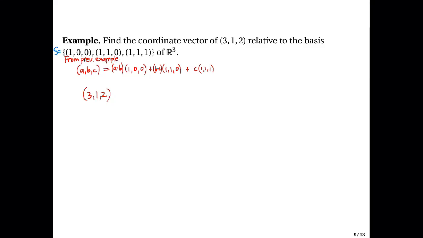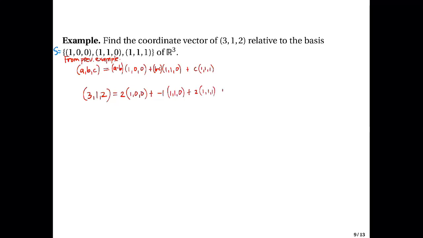So from the previous example, 3, 1, 2, using this formula, we have a minus b. So 3 minus 1, that's 2, times 1, 0, 0, plus b minus c. 1 minus 2, that's negative 1, times 1, 1, 0, plus c here, it's just 2, 2 times 1, 1, 1.